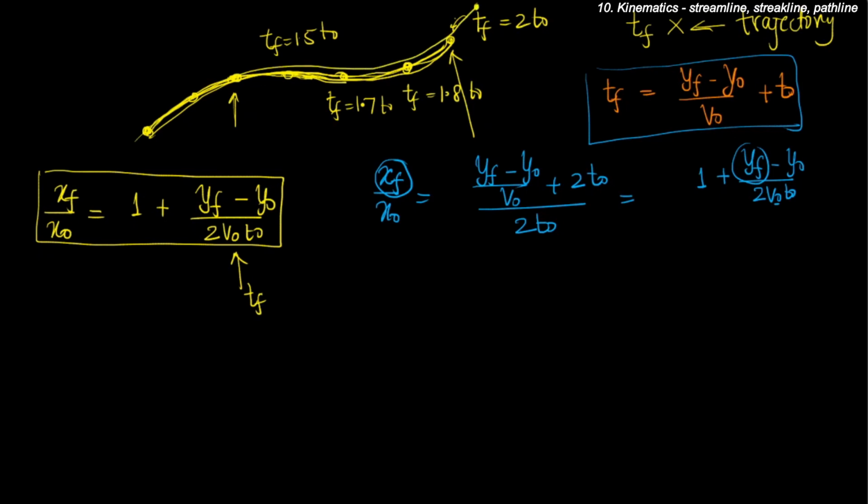To know where exactly the particle lies, say at a time equal to 3T0, you have to revert back to the original equations which were in terms of time. We cannot make use of this equation to pinpoint where the particle is at a given time, but rest assured, the particle will lie on that same curve, and that curve is the equation of the path line.